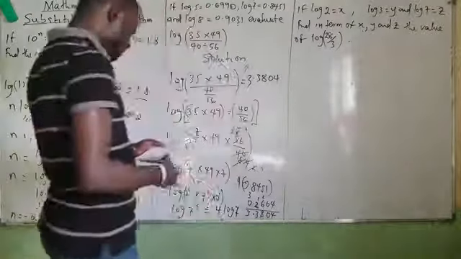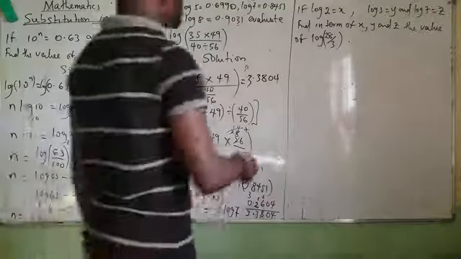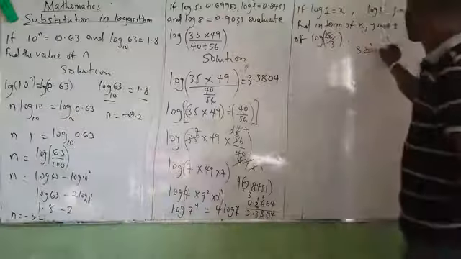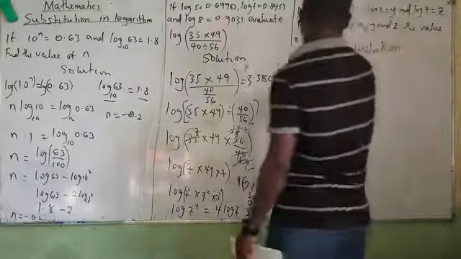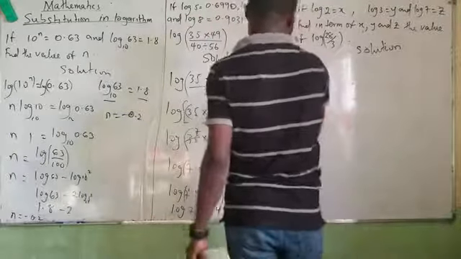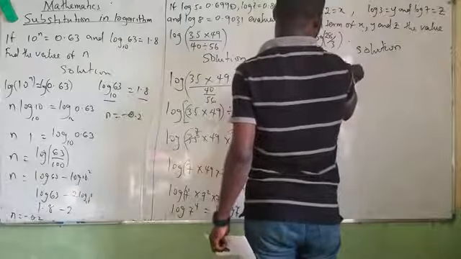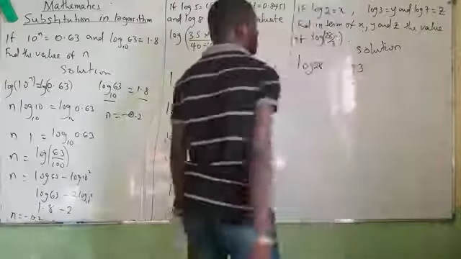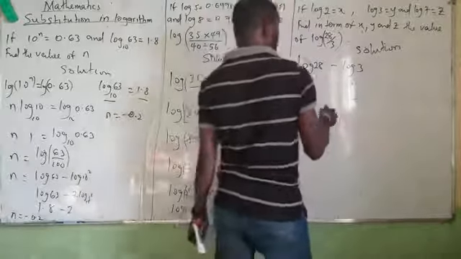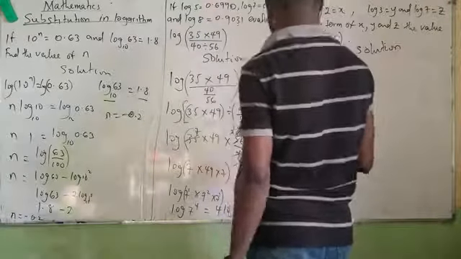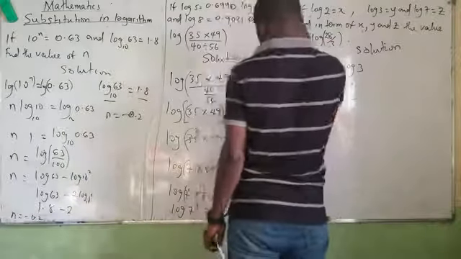Okay, I think it's getting better. Now, I just need to solve this one also. Look at this. What I just need to do here is that I'll have log 28 minus log 3 because it's division. 28 can also be written as 7 times 4.